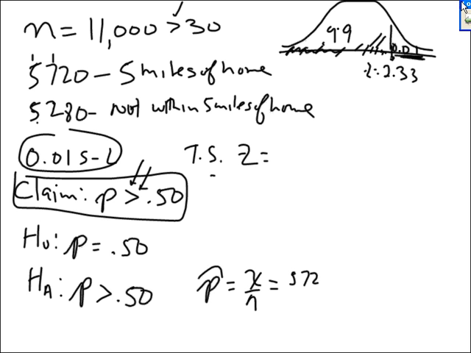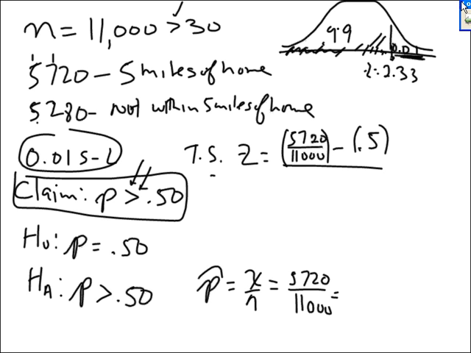There were 5,720 of those out of 11,000. So that's exactly what goes here: 5,720 over 11,000. That's p hat, minus p. Well, p is 0.5, which is 5,500 out of 11,000.